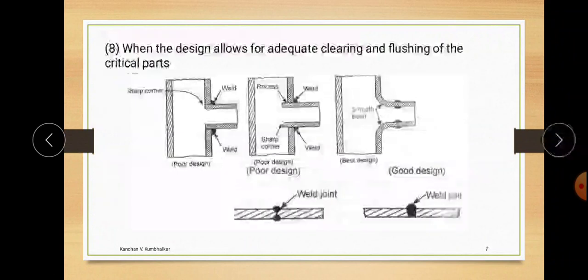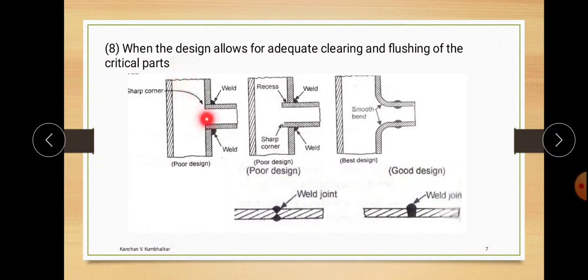Next point is that the design should allow for adequate cleaning and flushing of the critical parts of the equipment. For example, sharp corners and recesses should be avoided because they favor the formation of stagnant areas and accumulation of solids. For example, these are the designs. In this case, there is a weld and a sharp corner.